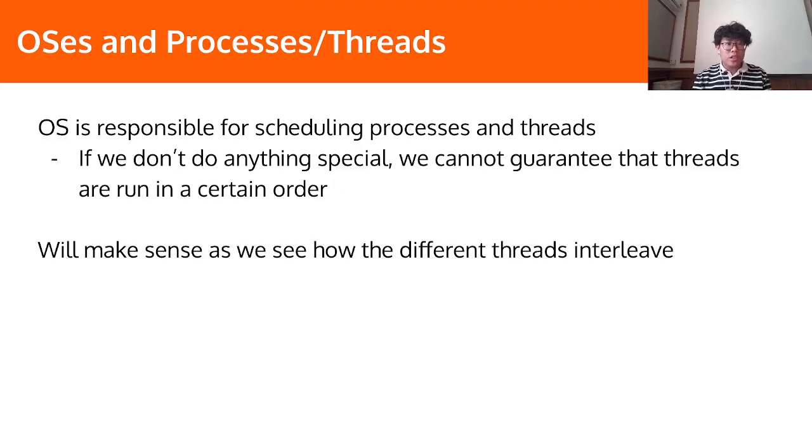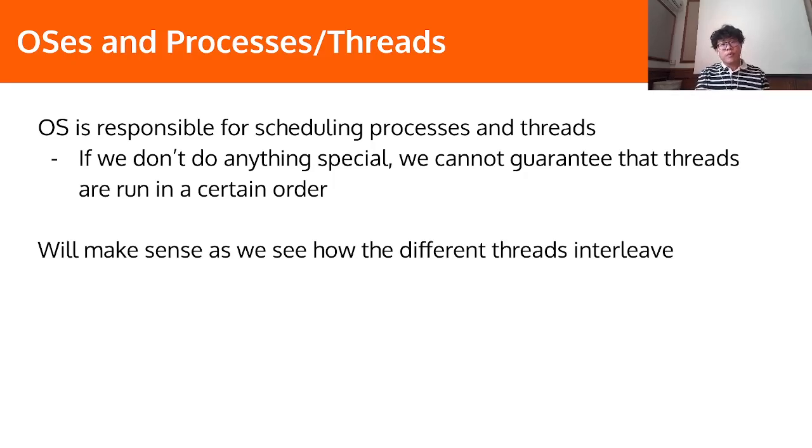Okay, so moving on, talking about OSs and processes and threads, right? Why I mentioned the OS: remember just now we talked about how the OS is in charge of resource management. Well, the OS is also responsible for scheduling the processes and threads, meaning the OS can decide right now at this point which process or which program has access to the CPU and which process can run, right? And the OS will switch between these different processes to ensure fairness, right?